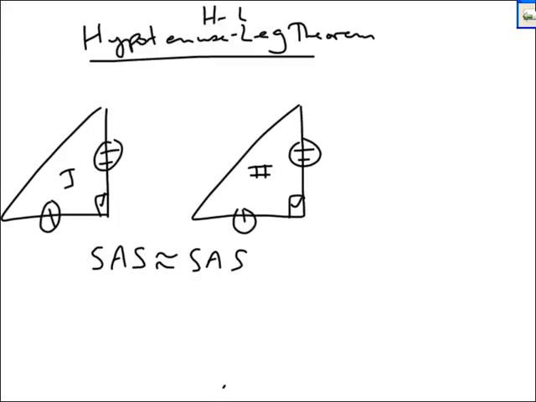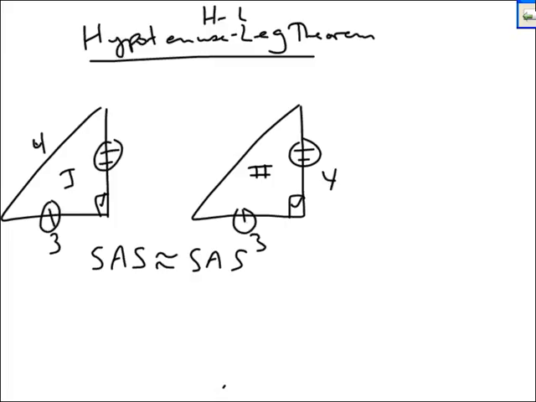So basically, if you have two right triangles and two sides in triangle 1 are the same as two sides in triangle 2, you're done, with one exception. You can say, well, this is 3, these are both 3, this is 4, and that's 4.